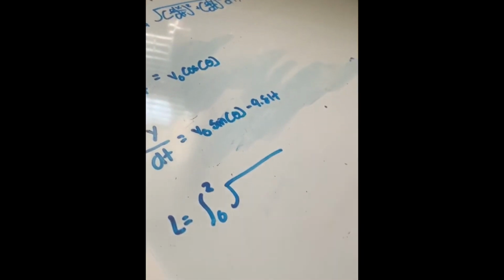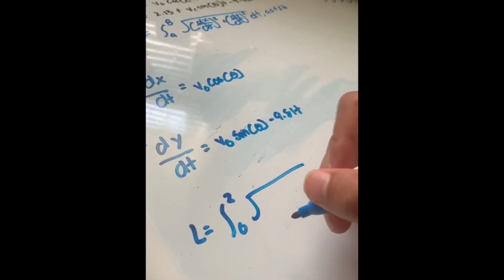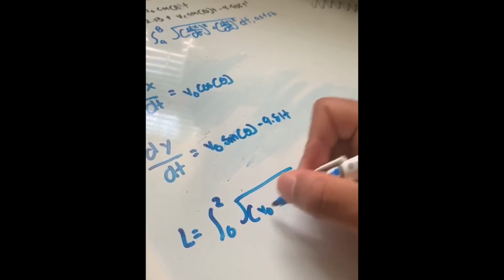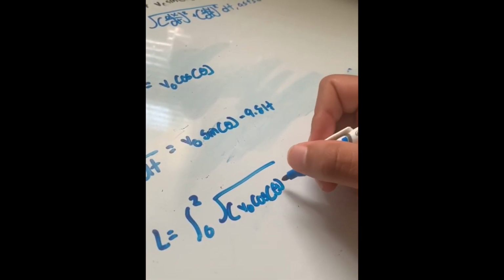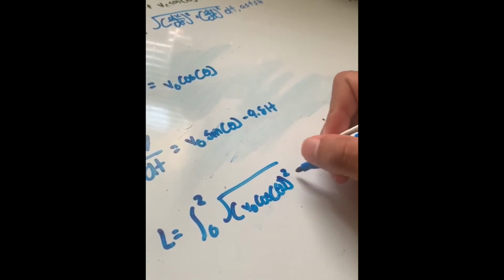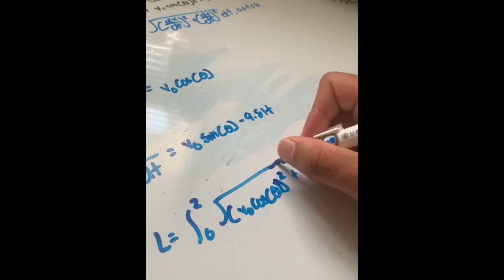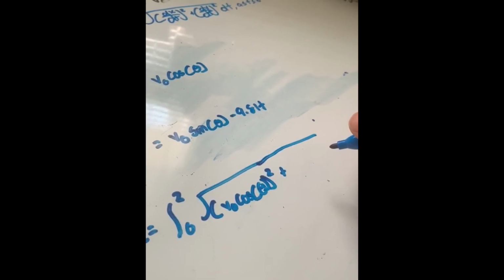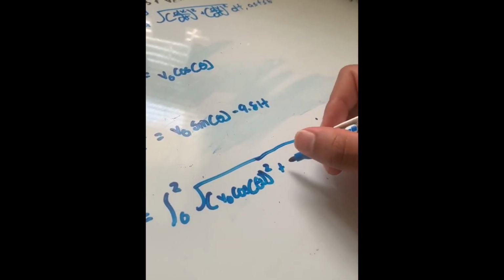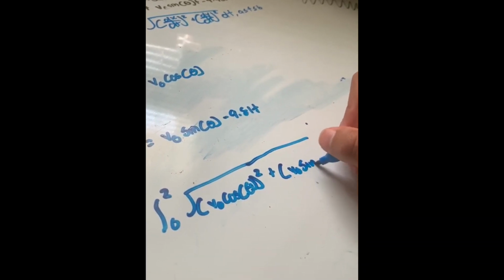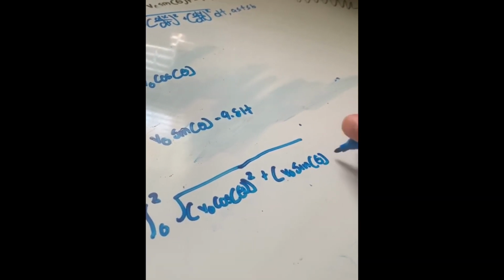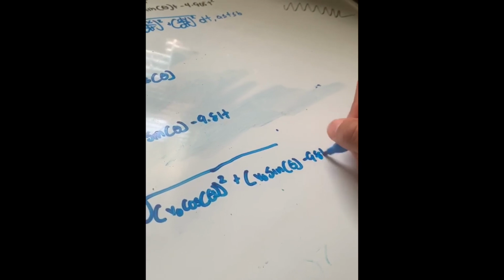Now I have enough to plug into my arc length formula. I know the integral is from 0 to 2 because the shot takes 2 seconds. So I plug it in, v initial cosine theta squared plus v initial sine theta minus 9.81t, squared.